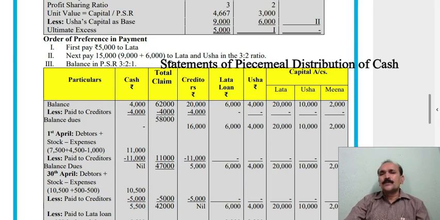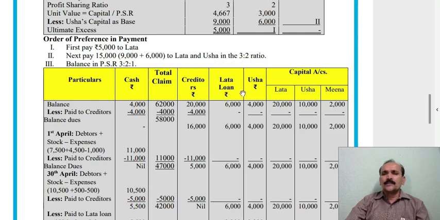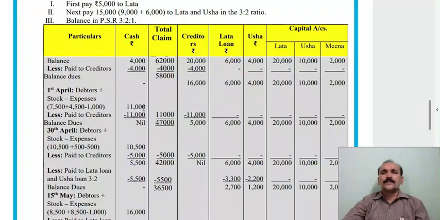Statement of piecemeal distribution of cash. Particulars: cash available, total claim, creditors, Lata's loan, Usha's loan, Lata's capital, Usha's capital, Meena's capital. These are the columns of the statement.